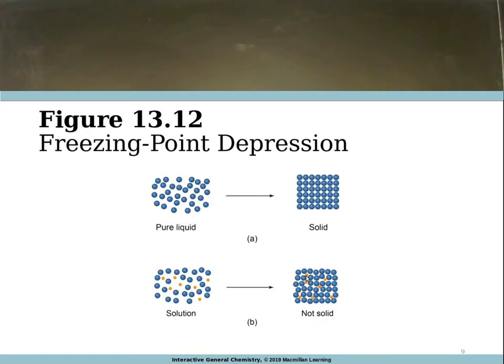And so that vapor pressure lowering that we were just talking about has as a consequence that you'll need to heat your solution up to higher and higher temperatures in order to finally achieve boiling.